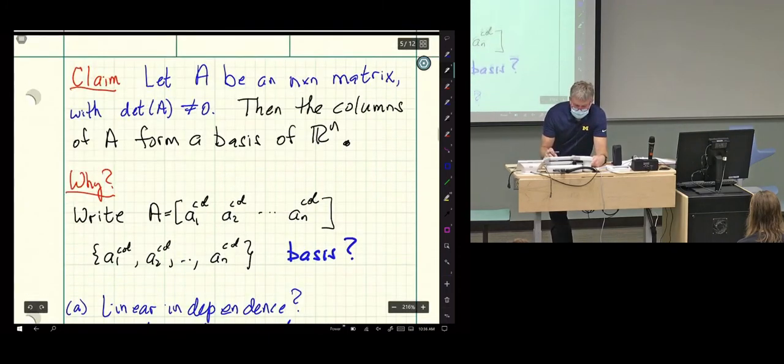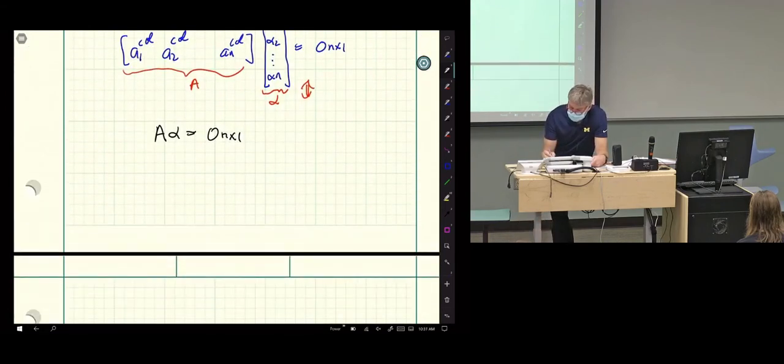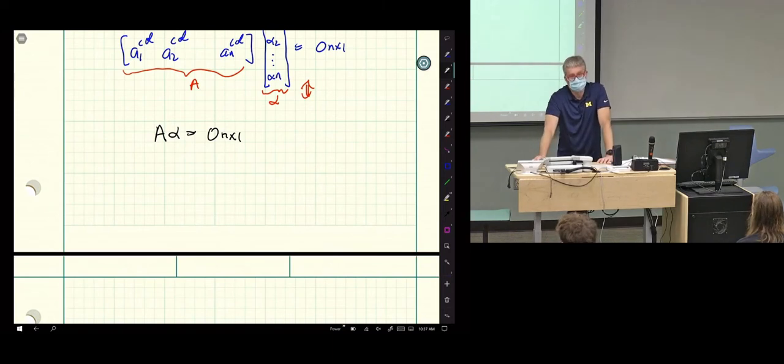Now, our assumption on A is that its determinant is non-zero. So why can we conclude that the only solution to this equation is alpha 1 equals 0, alpha 2 equals 0, alpha n equals 0?